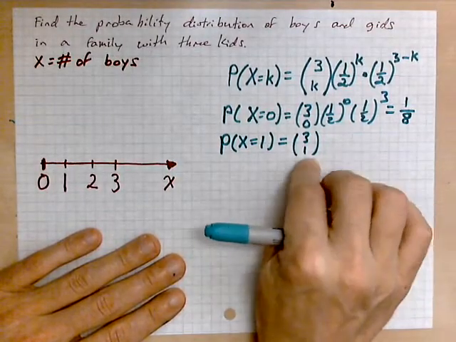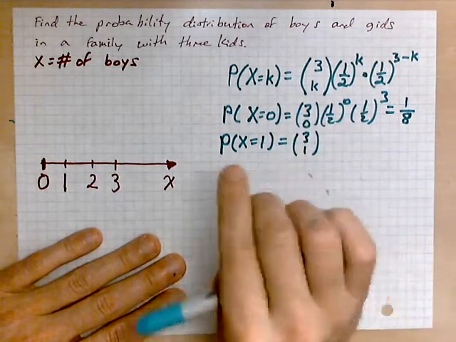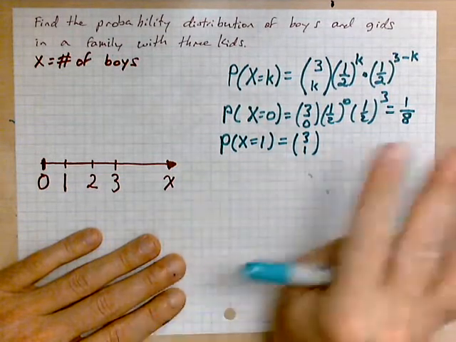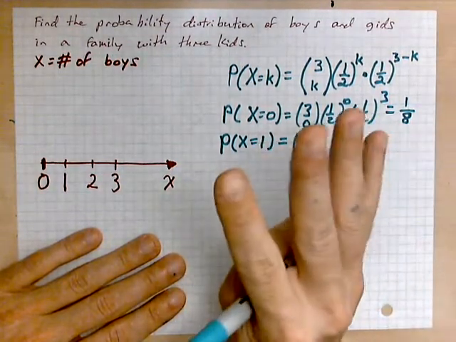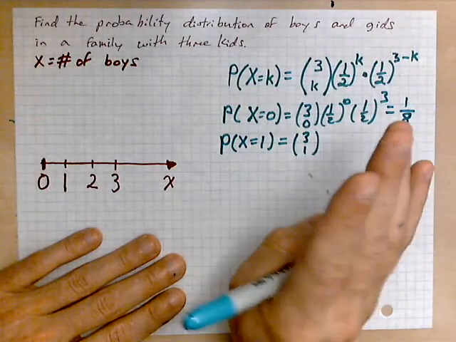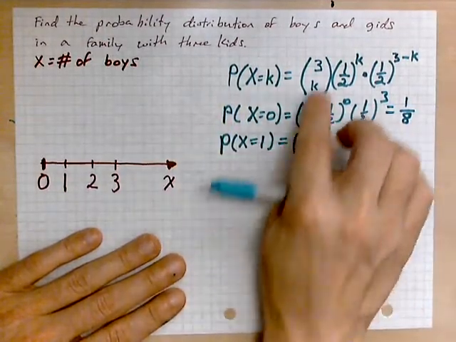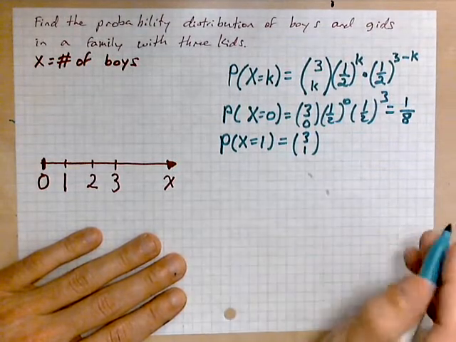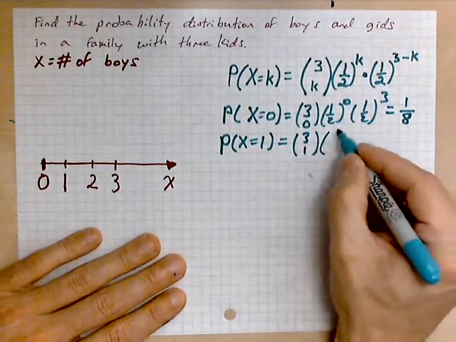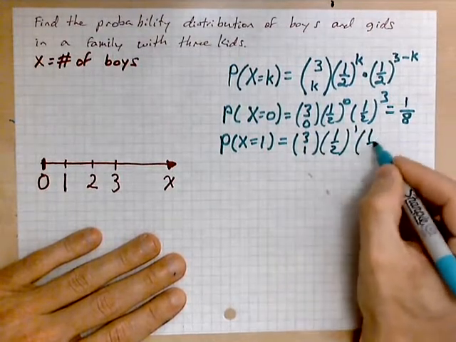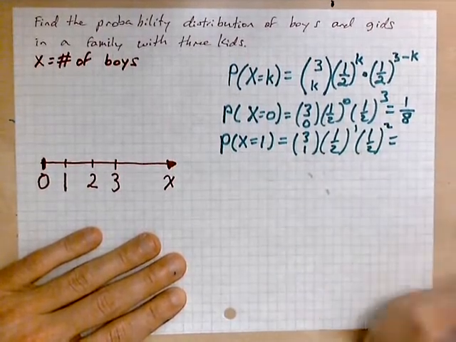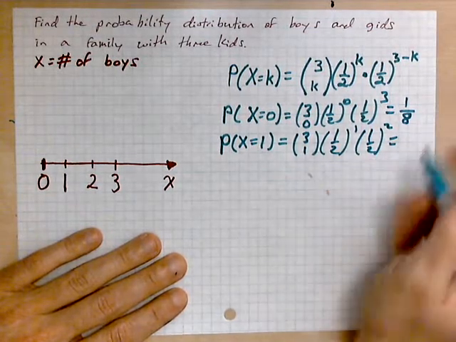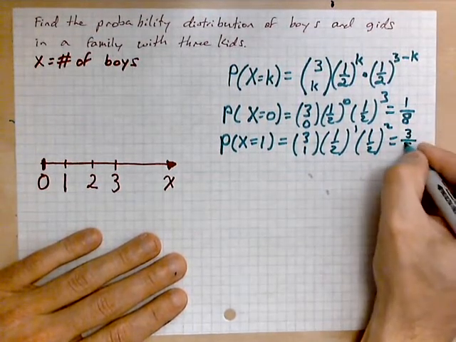Remember, the coefficient here tells us how many different ways we can get a boy. The boy could be the first kid and then 2 girls, or maybe he's the second between 2 girls, or maybe he's the third after the 2 girls. That's why we have to have that present here. Then we have a half to the first times a half to the second. Once we simplify this, and I suggest doing this on your calculator, this gives a value of 3/8.